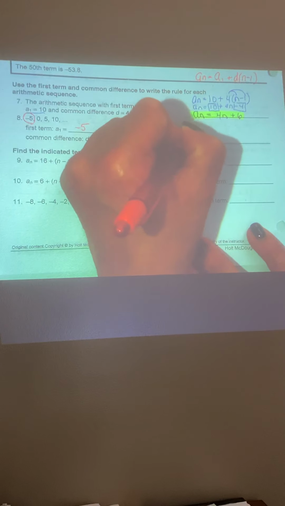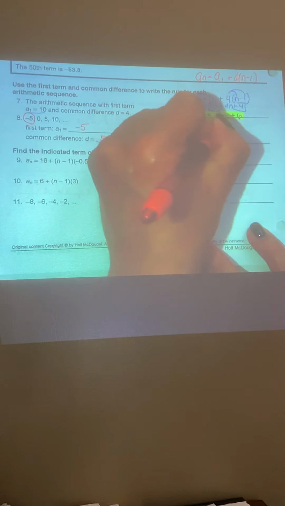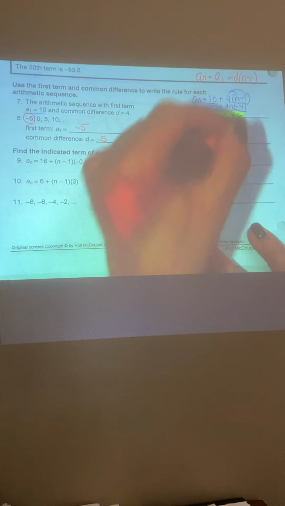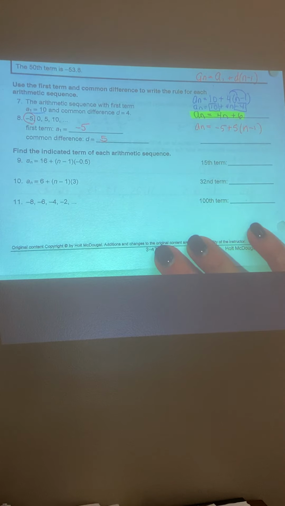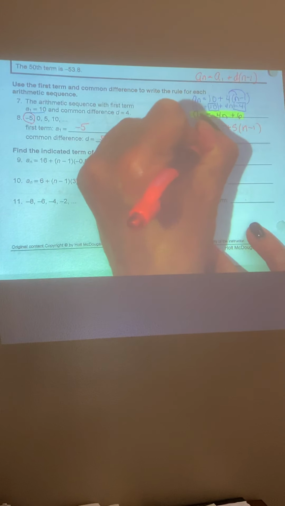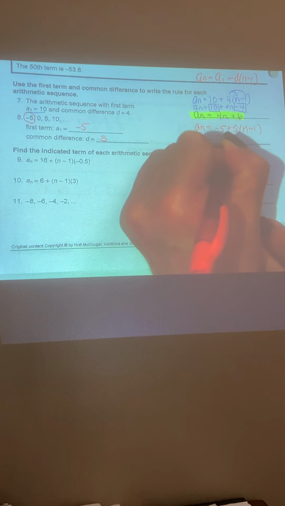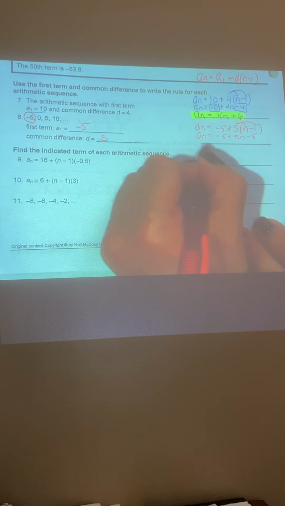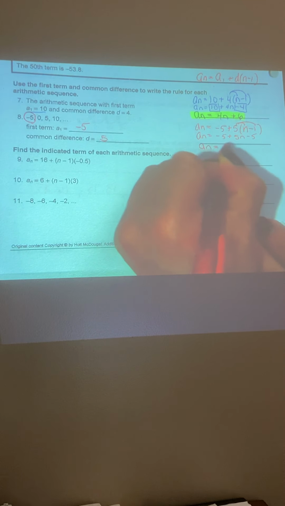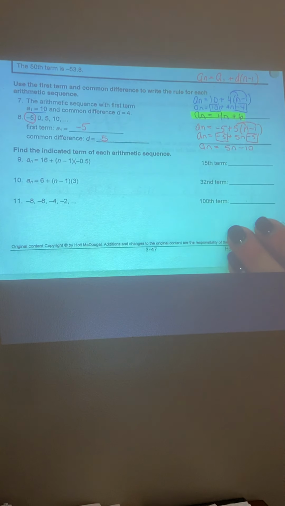A to the n, don't know, equals A1, negative 5, plus common difference, 5, times n minus 1, and solve. AN equals negative 5 plus 5n minus 5. Combine like terms. A to the n equals 5n minus 10.